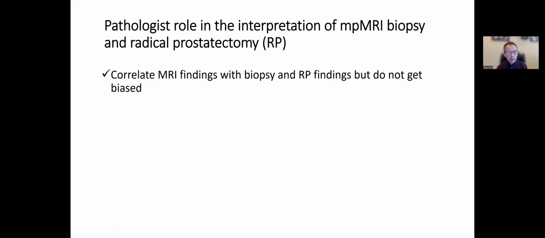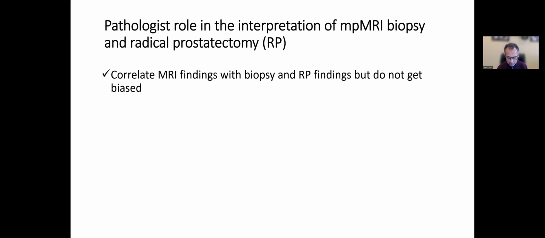So what is our role in the interpretation of this imaging-guided specimen evaluation? Very importantly, we need to correlate MRI findings with biopsy and radical prostatectomy findings, but at the same time not get biased. This is very, very important.